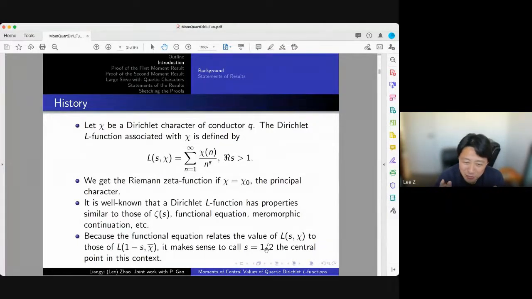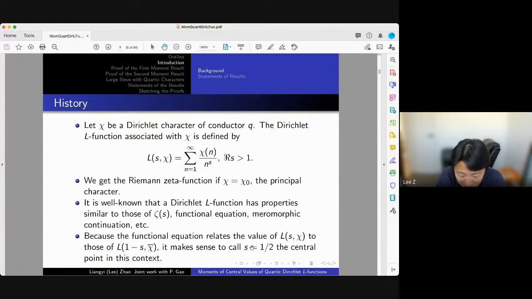I mean, we know elliptic curves, and these elliptic curves have L functions associated with them, with a different normalization. The central point for those L functions is at s equals 1, and if you know the Birch-Swinnerton-Dyer conjecture, you know that the order of vanishing of the central value of elliptic curve L functions has a lot of arithmetic information.